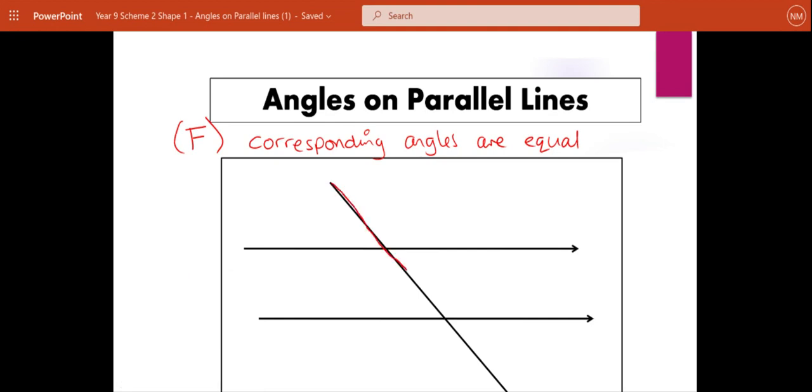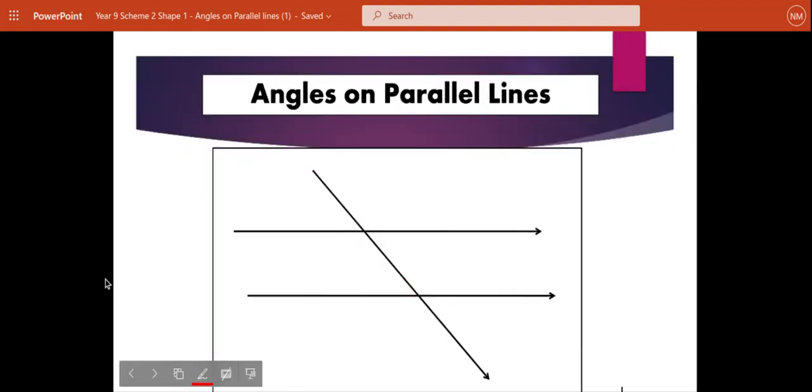This F shape that I'm drawing now is upside down and back to front, but these two angles here are still the ones that correspond, so they're still equal. The same thing can happen if I do it the other side as well. If I did that side and that side, then those two angles would correspond to each other as well. So we need to know that an F-shaped angle in parallel lines is a corresponding angle and they're equal to each other.